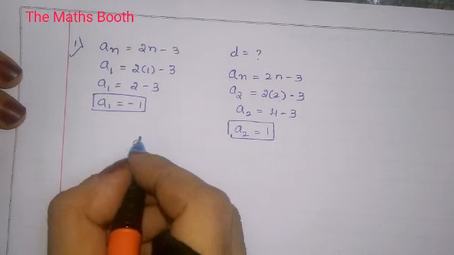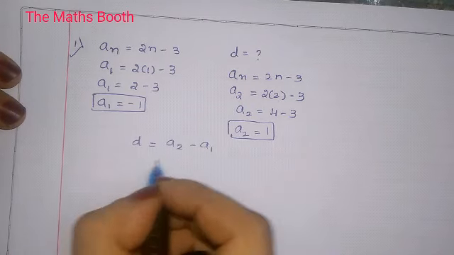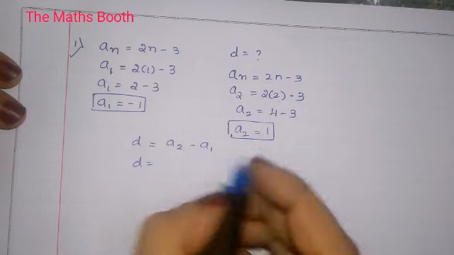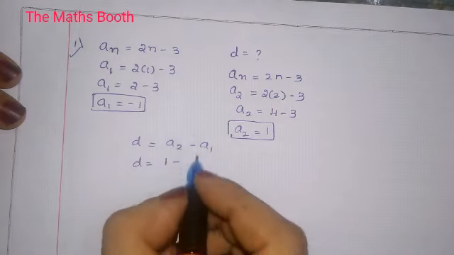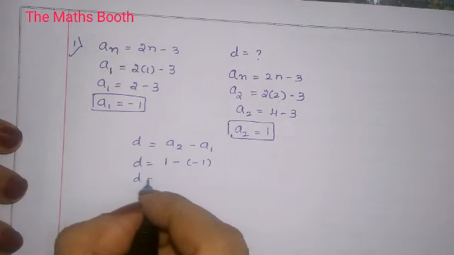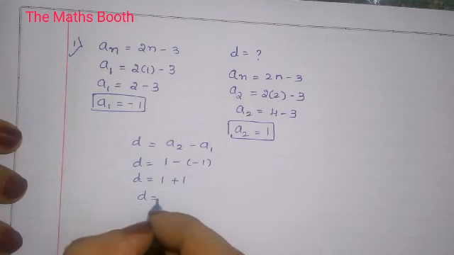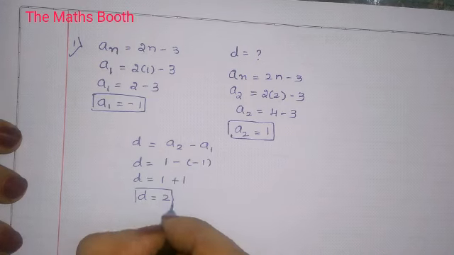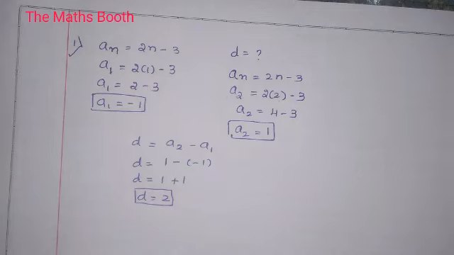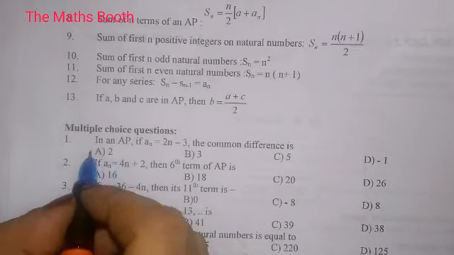We know that d is equal to second term minus first term. d is equal to 1 minus (minus 1), so d is equal to 1 plus 1. d is equal to 2. So the common difference is 2. You can see here the correct answer is 2.